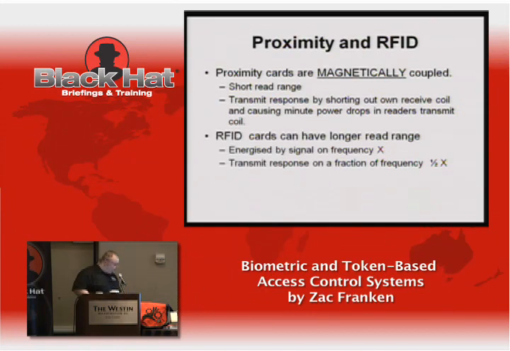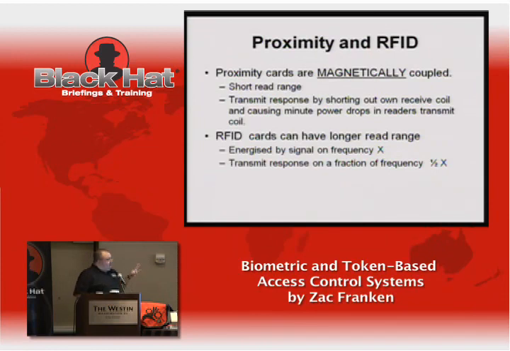Now, RFID cards, true RFID cards, work with radio frequency. They have a long read range, and it really can be quite long. There were some guys at DEF CON a few years ago, and I think they were aiming for the world record. I think they got a read of about 70 feet from an RFID tag. The most I've ever seen one of these read is about 2 feet away.